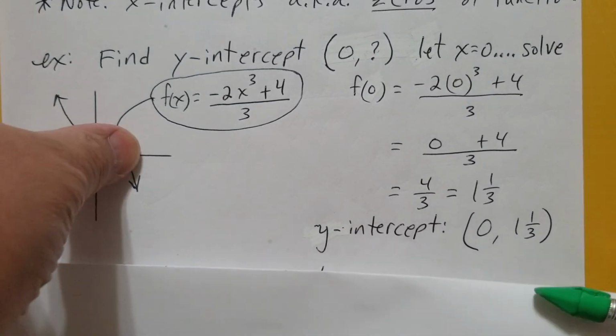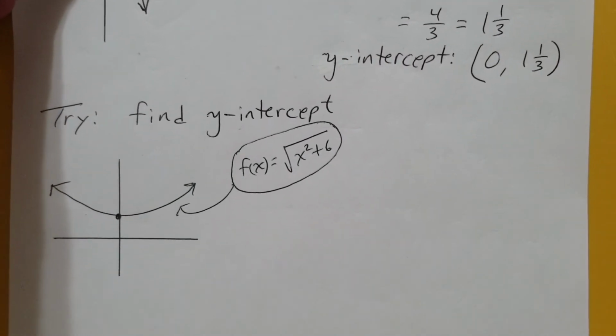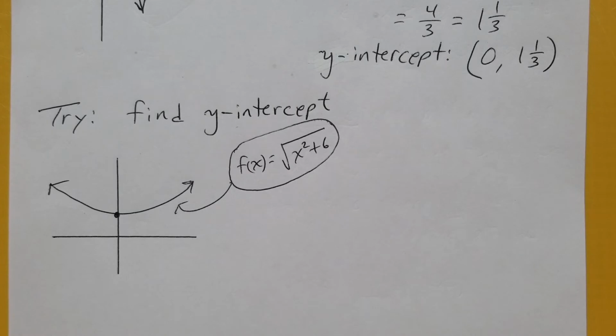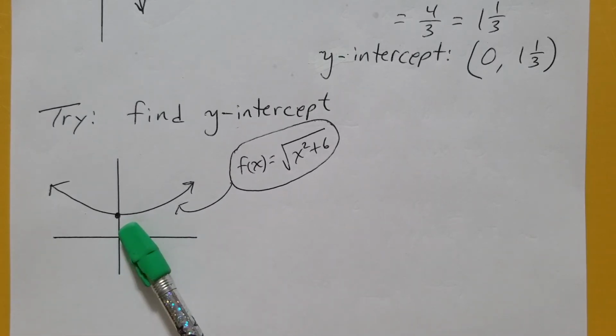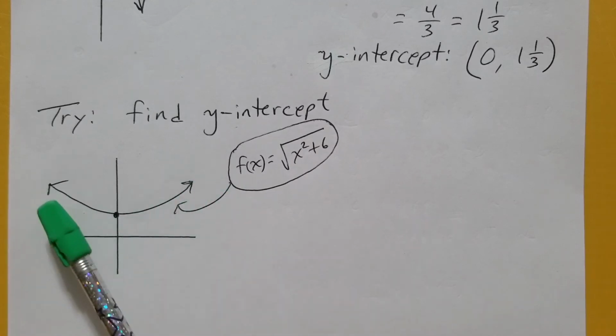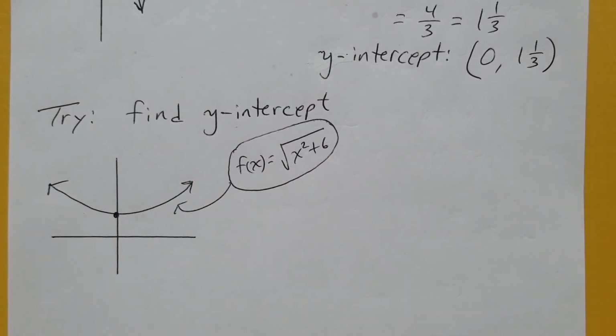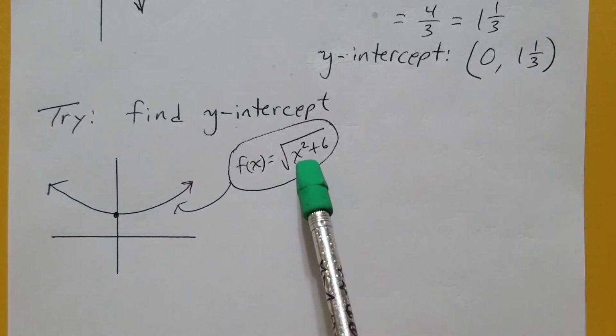Now you do one. See how far you can get with this. Do your work on the right here. Find the y-intercept of this function. Here's the picture, the graph. It's right there. It looks like 2 or something. So here is your function in algebraic form.